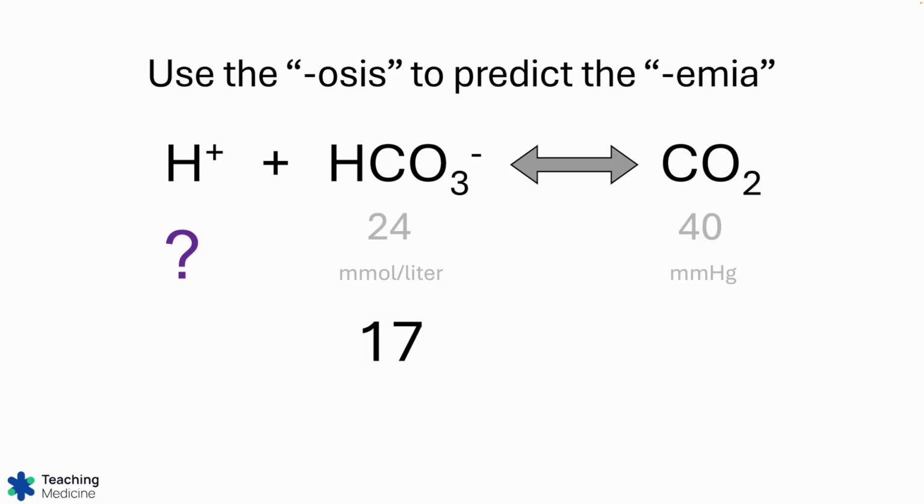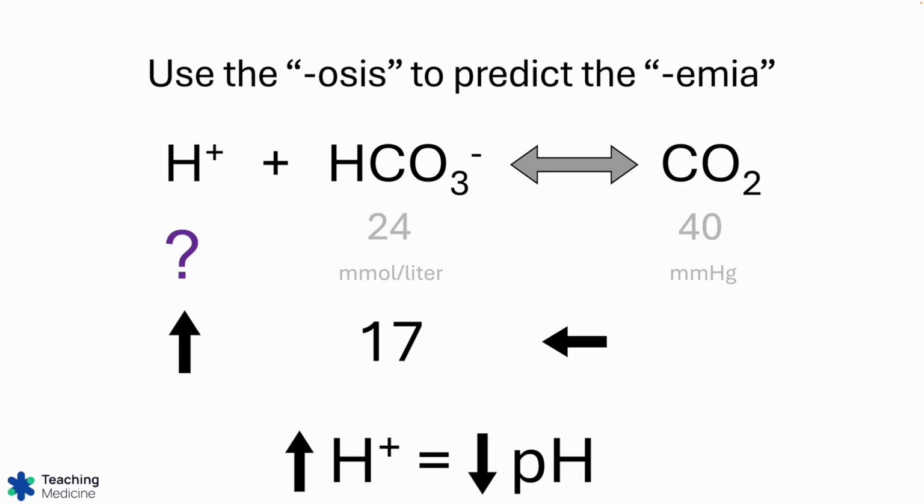If we had a bicarb of 17, this is a low value. It's going to cause a little bit of a vacuum on the left-hand side. It's going to cause a shift in the equation to the left, and this is going to increase the hydrogen ion concentration. It's going to drop the pH. So here we have a metabolic acidosis causing an acidemia.